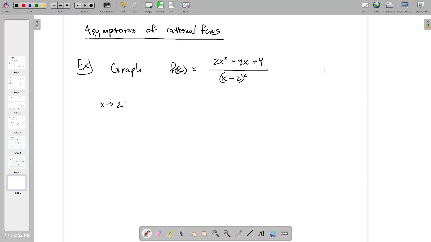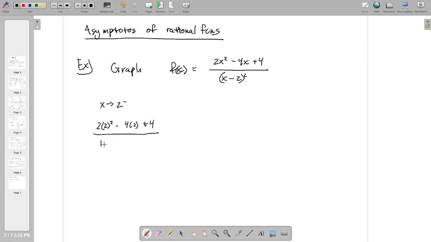Right, so if we look at the y value as x approaches 2, we would see we have 2 times 2 squared minus 4 times 2 plus 4. Now we can't plug 2 into the denominator because that will make the denominator 0. We're trying to avoid that. And we're approaching 2 from the left, so we're going to be slightly less than 2.